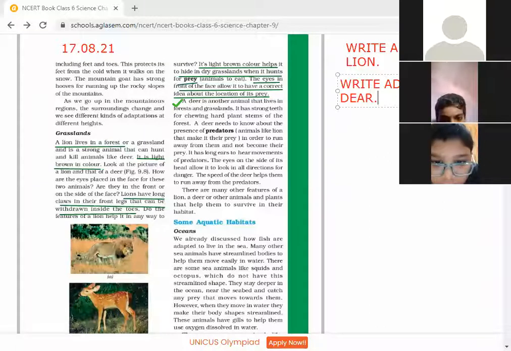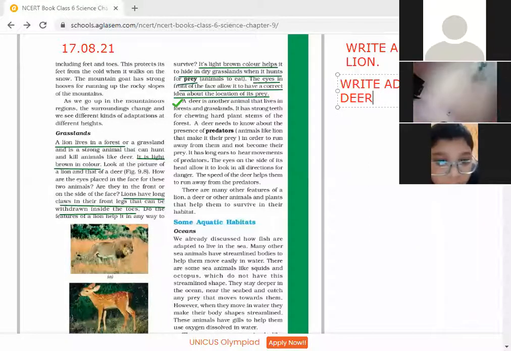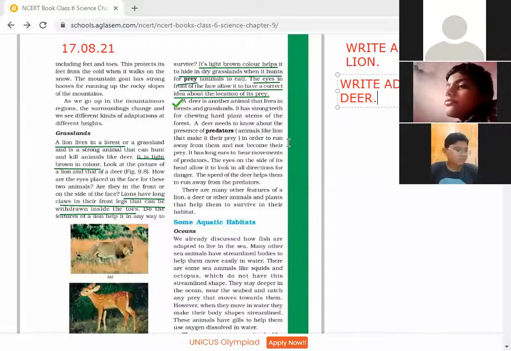Right, adaptations of deer. So in this coming paragraph, yes, Aditya Kulayal, start reading.